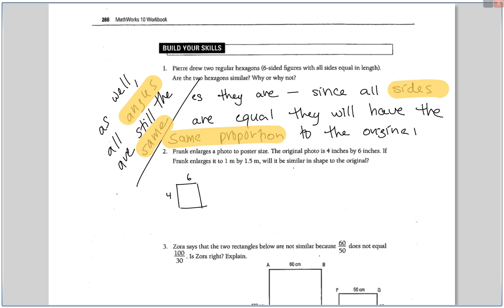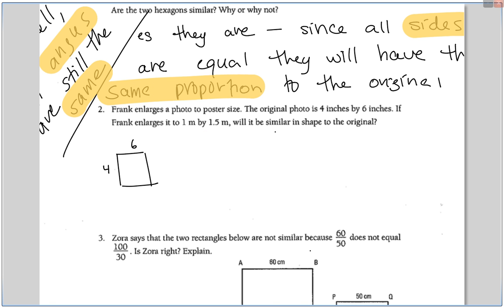Okay, so we have the photo sketched on the page, and we want to compare it to the enlargement. The enlargement is 1 meter by 1.5 meter.